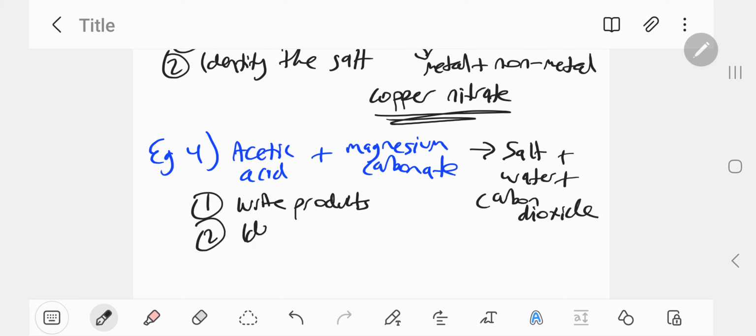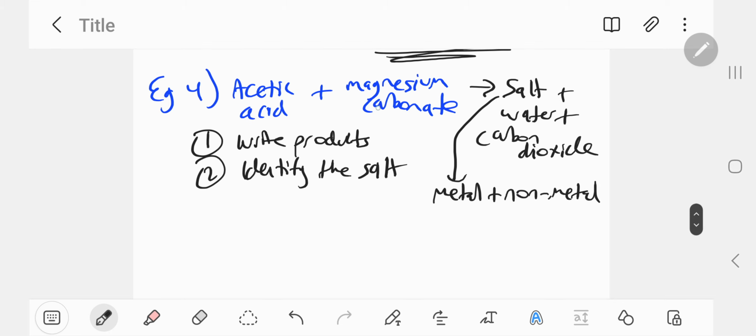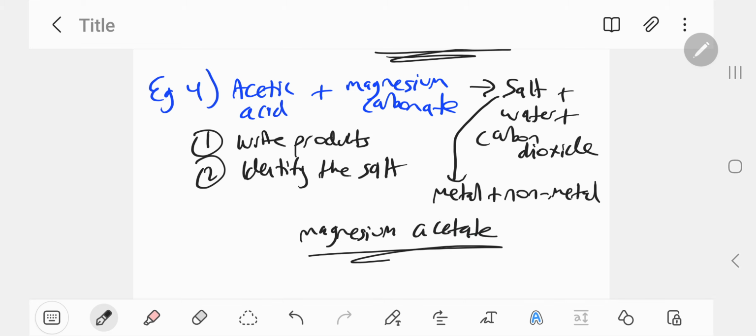Step 2, identify the salt: metal plus non-metal. The metal is magnesium. Magnesium is in group 2 with calcium, so magnesium is what we write. The non-metal comes from the acid. Acetic, if you recall, becomes acetate. Magnesium acetate is the salt.